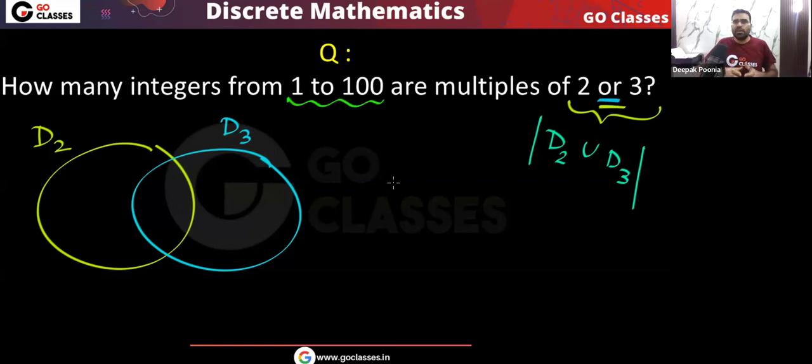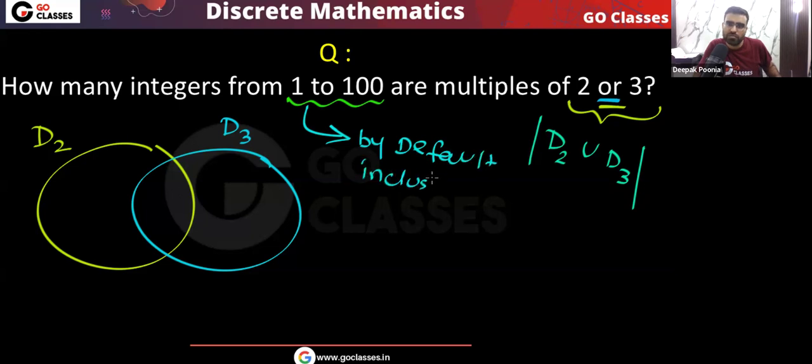If I tell you from A to B, then by default you have to include A as well as B. You cannot leave out A, you cannot leave out B. So by default, this 1 to 100 means both inclusive.